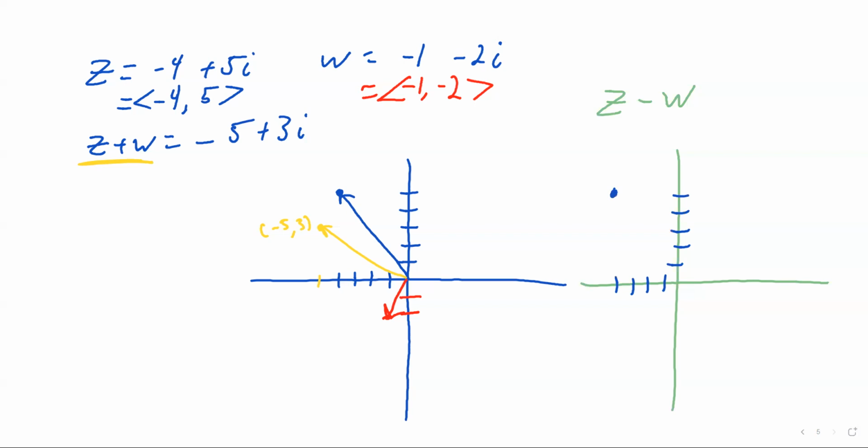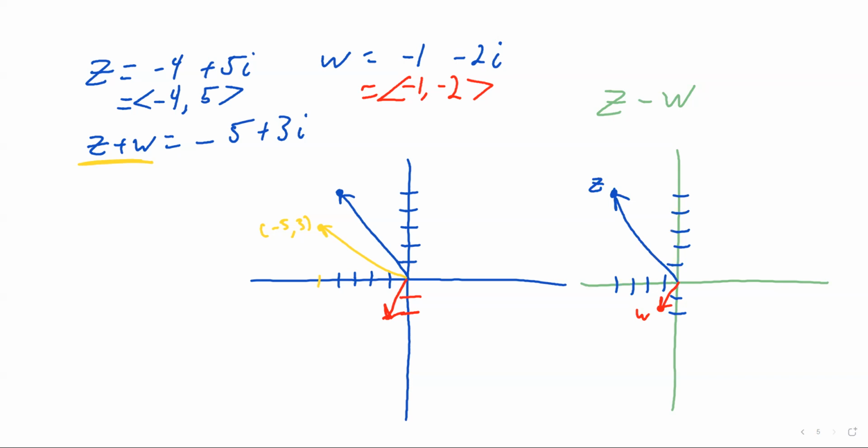This was my vector Z. And then I had -1, 2, which put me right there. -1, 2, so that was my W.